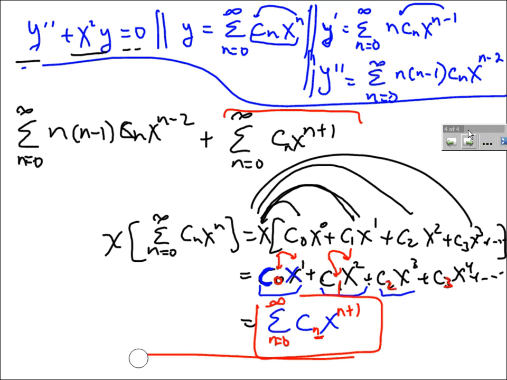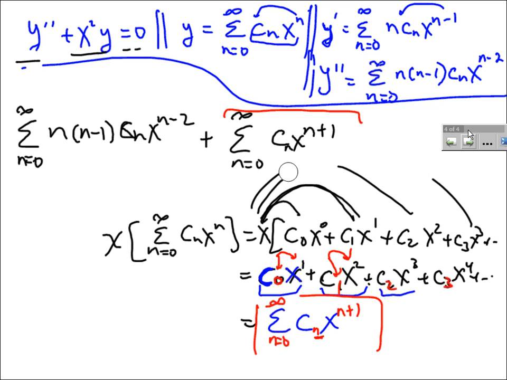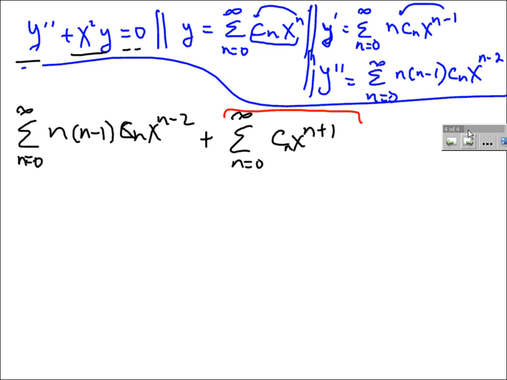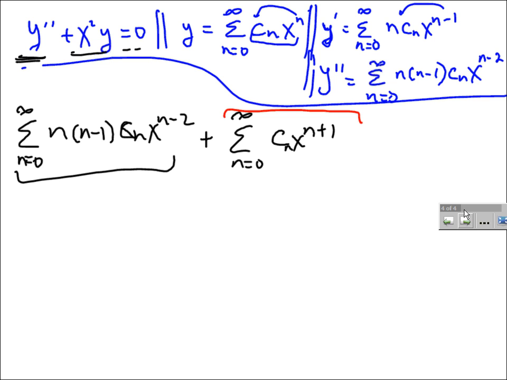And this last line that remains, since it's y double prime plus x y prime plus x squared y. This is y double prime plus x squared.